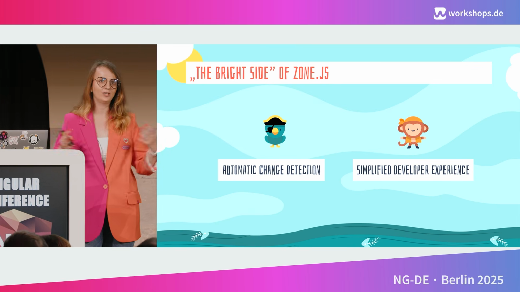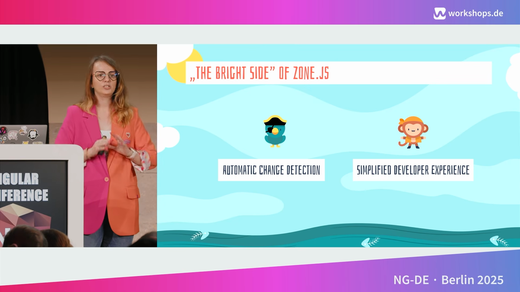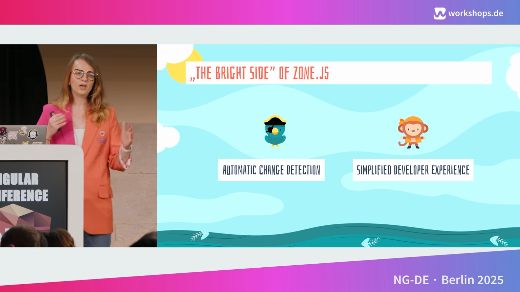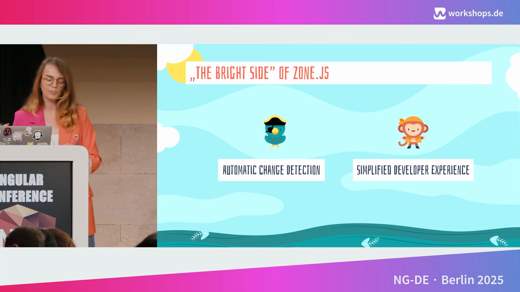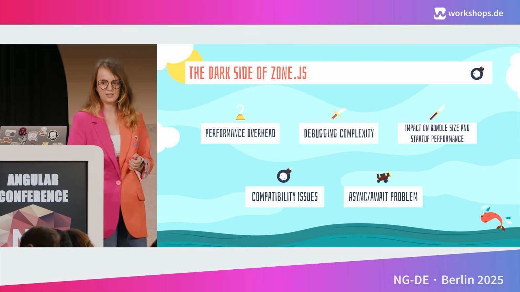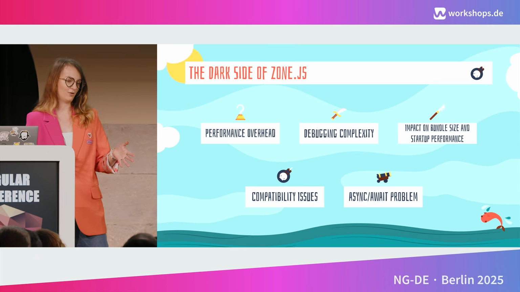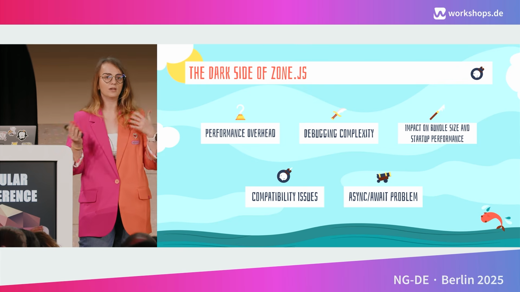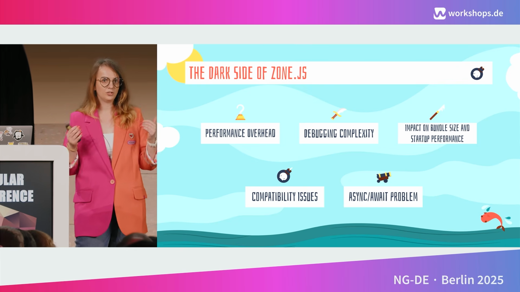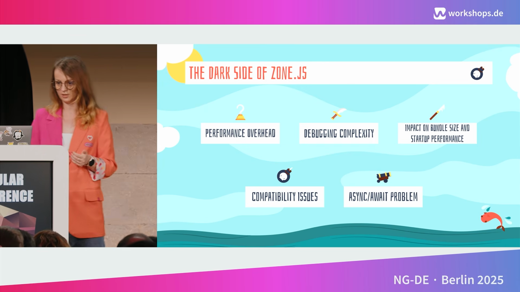And that's why we developers could focus on our features, business logic, just write the code without thinking about when I had to notify Angular to update my UI. But every treasure has its curse. And of course, here we have the performance overhead, because Zone.js notifies Angular whenever any async operation occurs. So we have a lot of unnecessary change detection cycles.